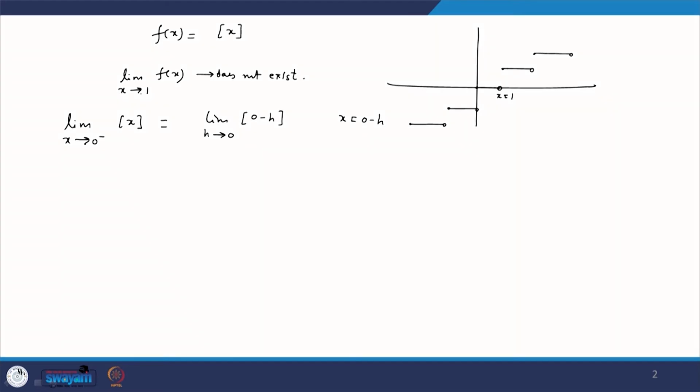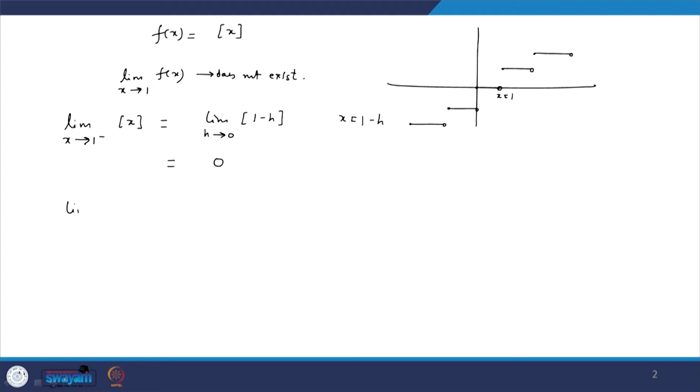When we take a point very near to 1 but less than 1, that is 1 minus a small quantity tending to 0, it gives a value less than 1 whose box is 0. So this equals 0.